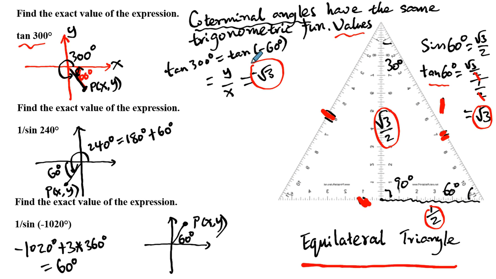Now, that's the first one. The second one is 1 over sine 240 degrees. Here, I didn't tell you that cosecant 240 degrees is defined as the reciprocal, 1 over sine.